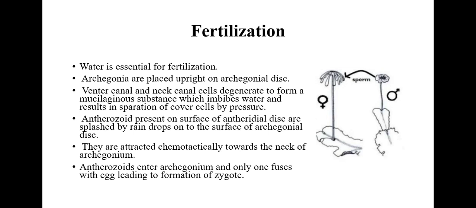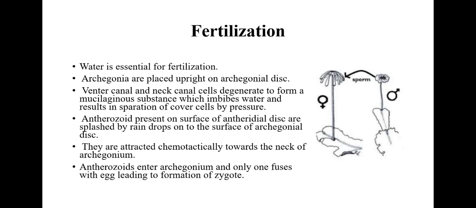Antherozoids present on the antheridial disc are splashed by raindrops onto the surface of the archegonial disc, and they are attracted chemotactically toward the neck of the archegonium. The antherozoids enter the archegonium and only one fuses with the egg to form the zygote.